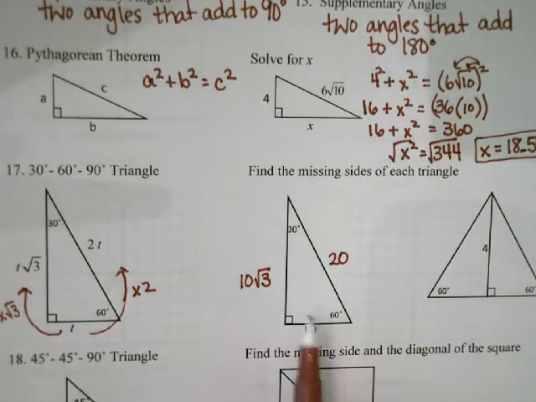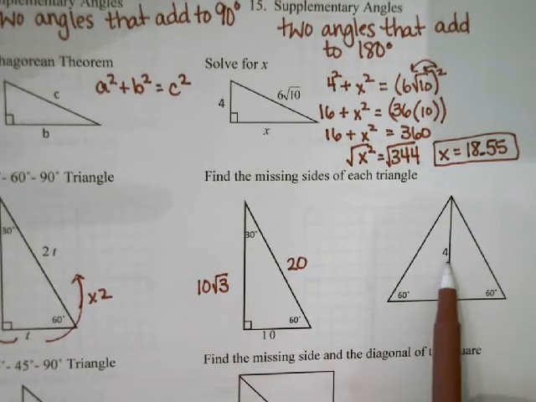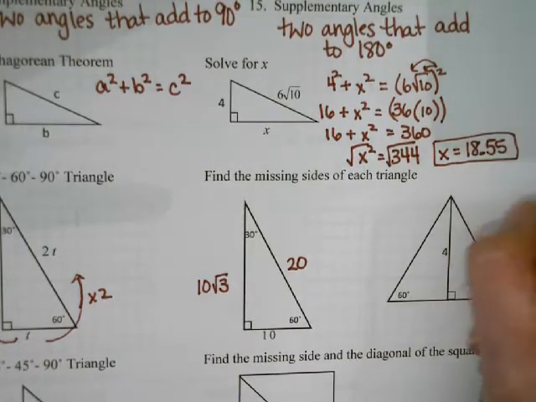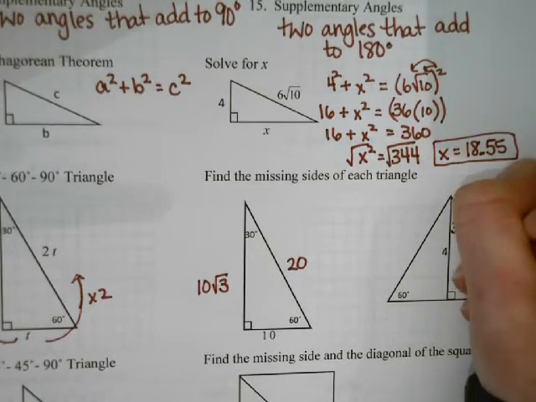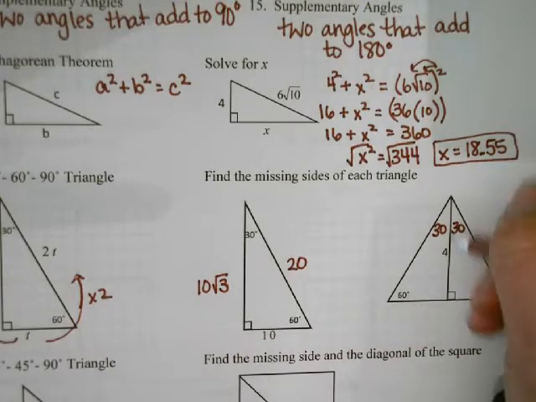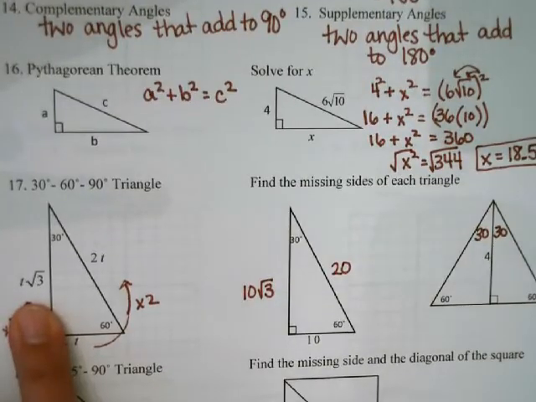Now, sometimes they don't always give us the short leg. So look at this next example. I have a 4, and if you notice, this angle right here is a 90-degree angle. That means these two angles are 30 degrees right here. That means that my long leg is the x root 3 side.